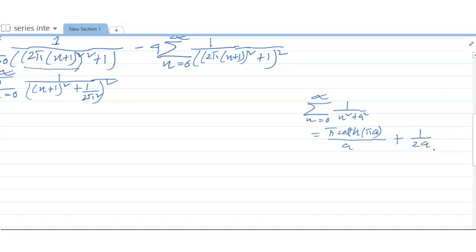So friends, this formula I can prove easily by the Euler product of the hyperbolic.